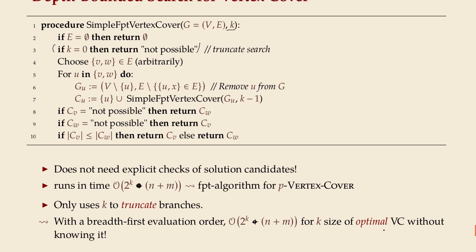But if you know that your input must consist of graphs that have small vertex covers, you can just run the algorithm without trying to guess a good k. But this is actually something we can always do.